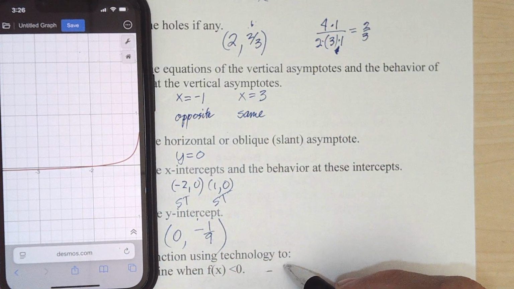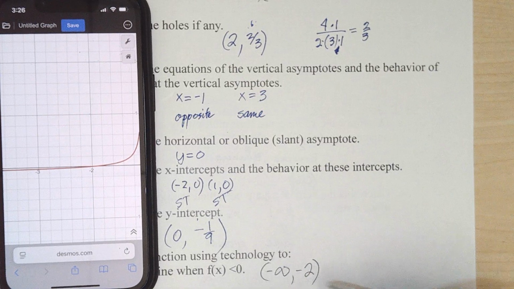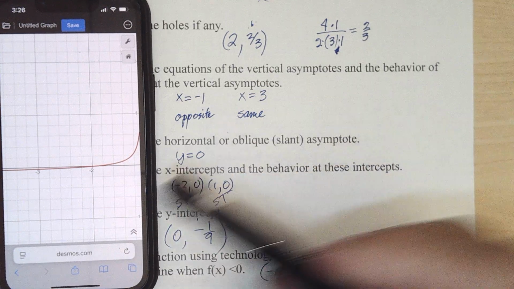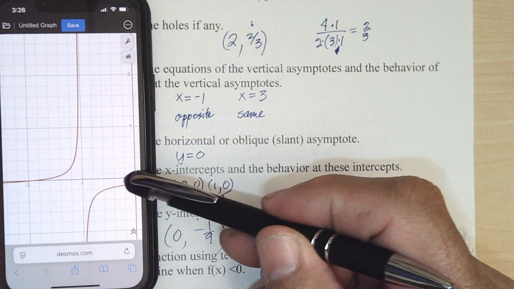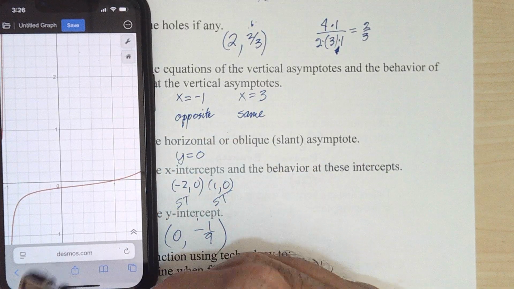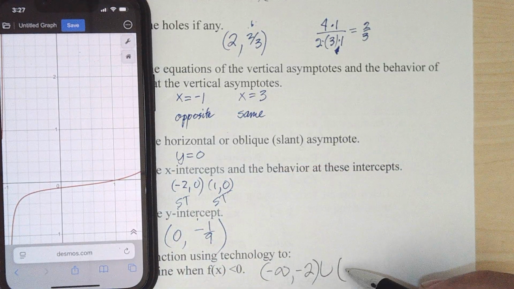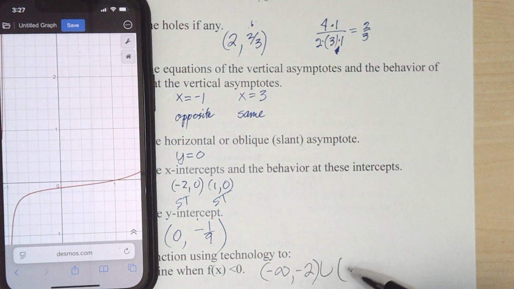So from negative infinity to minus 2. Union. And then it's less than 0 here, and it's less than 0 clear up till 1. From negative 1 to 1.